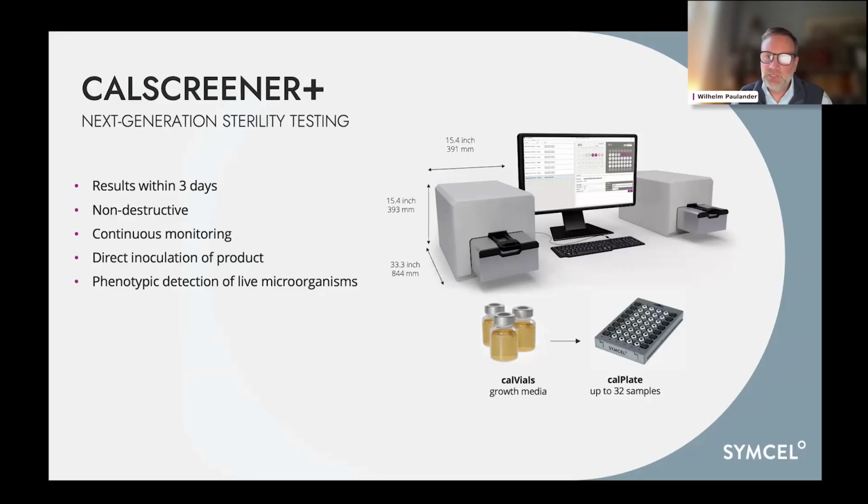For instance, we run a lot of clinical samples in other IVD development projects where it's been tissues that have just been homogenized. It could be bones, or it could be, for instance, a T cell. The product itself does not inhibit the signal. And it's a phenotypic measurement. So we only detect living organisms, and we don't detect things such as genomic residues or other molecular markers.